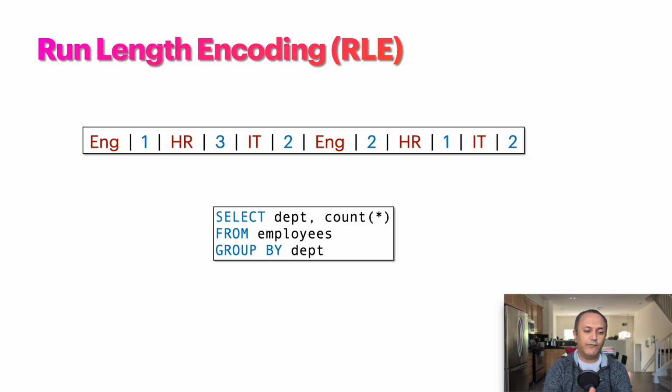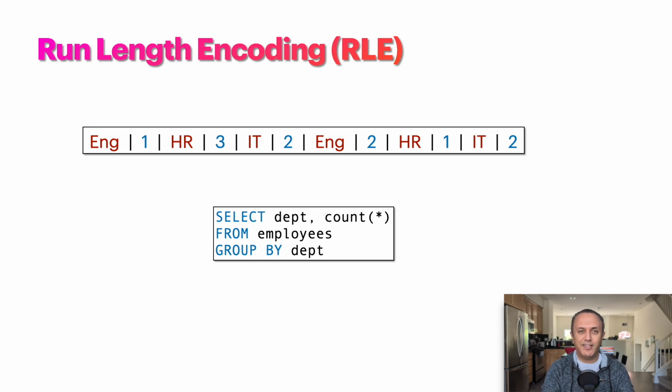So if we have the data represented like this, we don't have to decompress it first. We can run this directly on the compressed data, because basically we have in the data here departments and the number of rows that had that value. So for engineering, I will just have to add up, engineering 1, a little bit later there's engineering 2, so total means that engineering appears 3 times in the table, so this is the count star basically. So in something like this, you can run that directly on the compressed data.